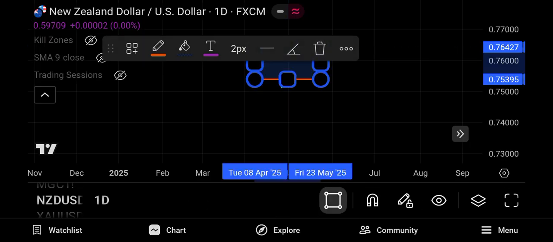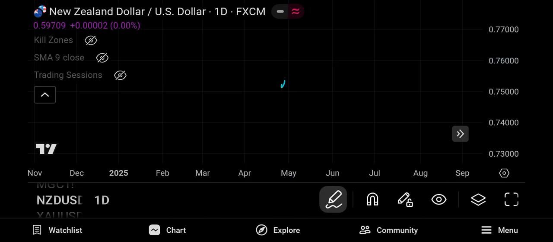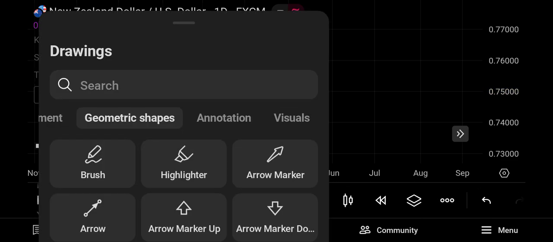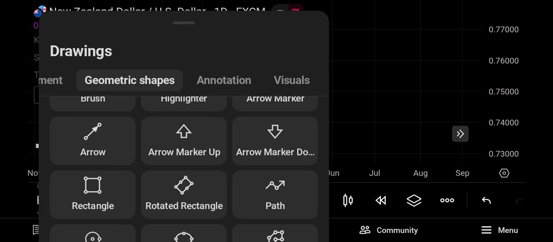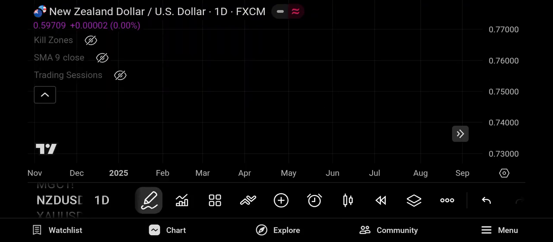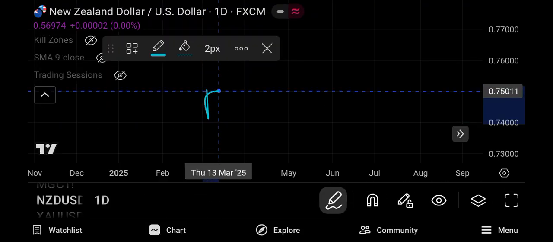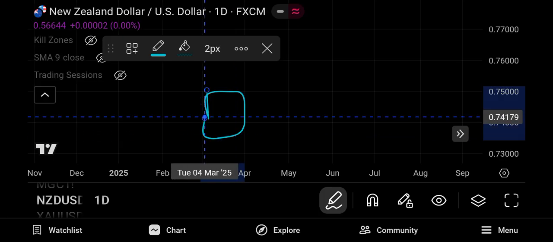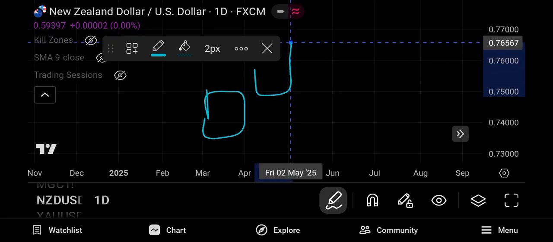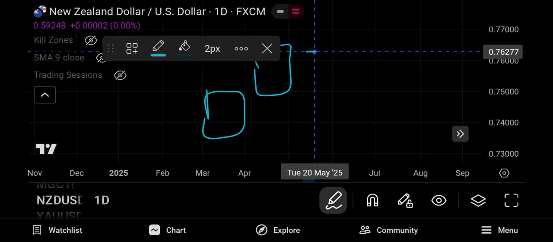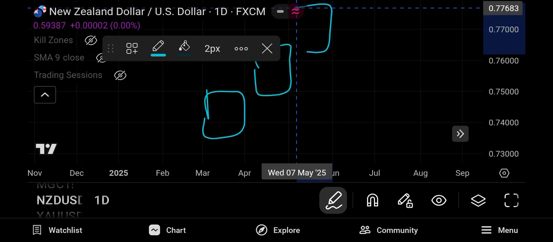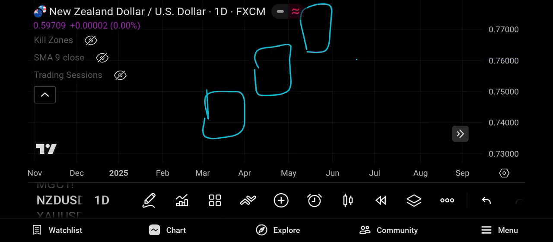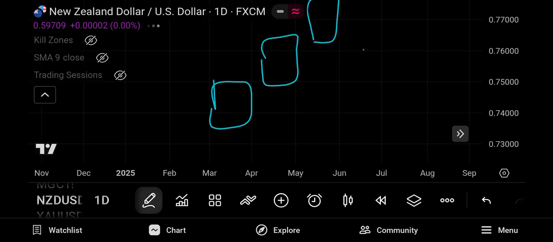So an uptrend consists of bullish candles. You get me? Let me use this so you can be faster. Now, an uptrend basically consists of bullish candles.